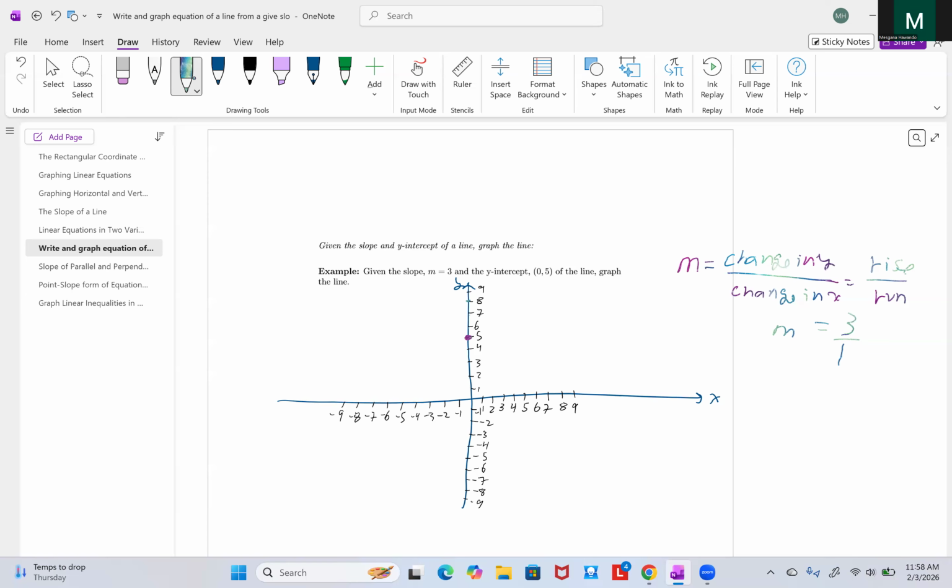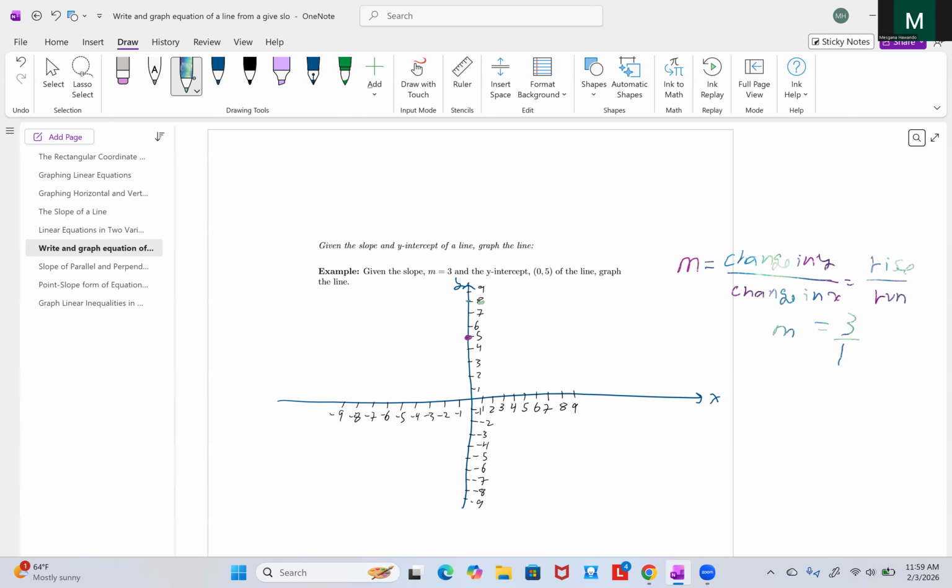And then we do the same thing for the run. The run is the horizontal distance. We go in the negative x direction if it is negative, or in the positive x direction if it is positive. In this case, it's positive 1. So from the point where we stopped, (0, 8), we go a horizontal distance in the positive x direction, 1 unit.